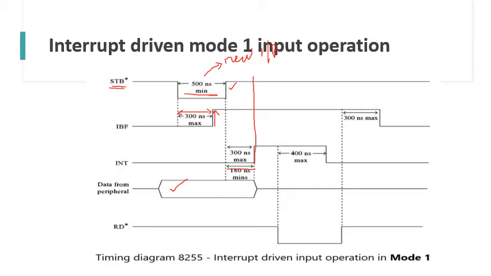Within 300 nanoseconds of the end of the strobe pulse, the INT signal goes high, interrupting the microprocessor. The microprocessor should be programmed to read the data from the port using the IN instruction on receiving this interrupt signal.